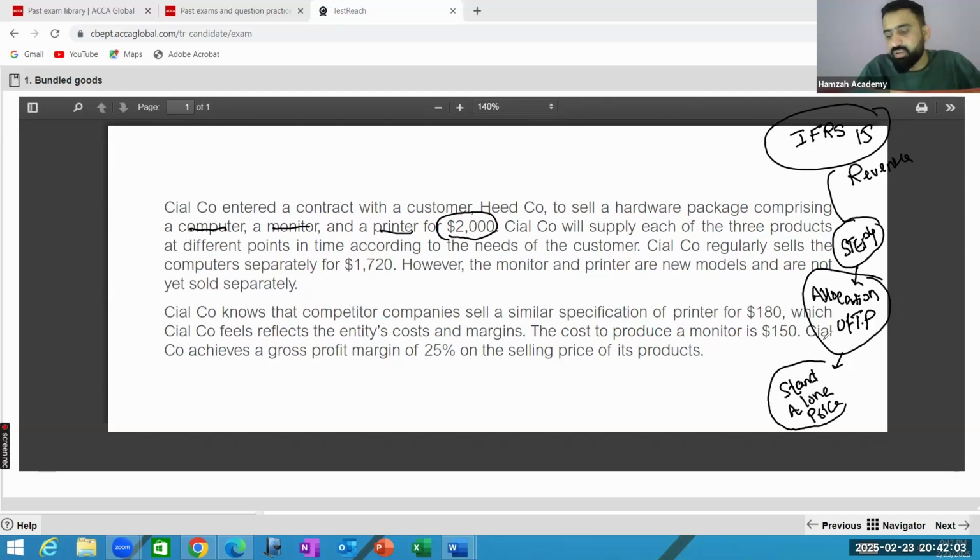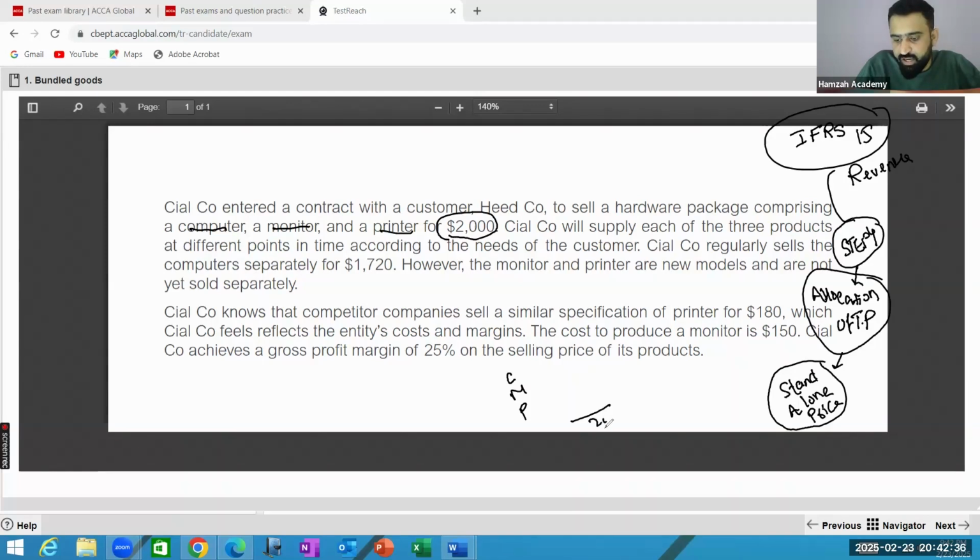The standalone price is the price at which, if these goods or services are sold separately, what price the company would have charged. That price is known as standalone price. So the transaction price, which is $2,000, should be allocated between computer, monitor, and printer on the basis of the standalone price.